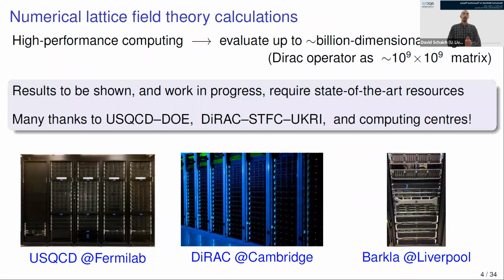First, though, another advantage of reformulating these quantum field theories in terms of a finite number of degrees of freedom is that we can numerically analyze them on finite computers, which is the connection to this workshop on numerical methods. So with the current state of high performance computing, it's fairly routine to evaluate systems with up to 1 billion degrees of freedom.